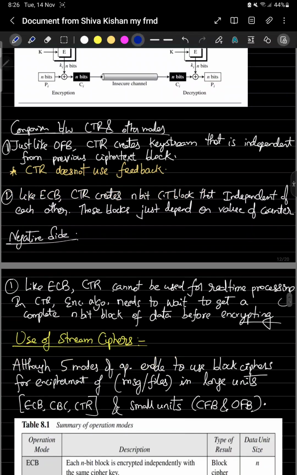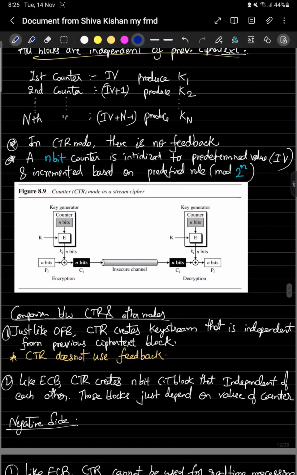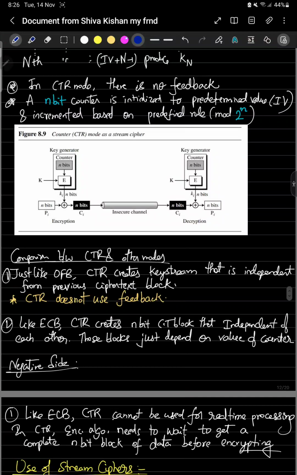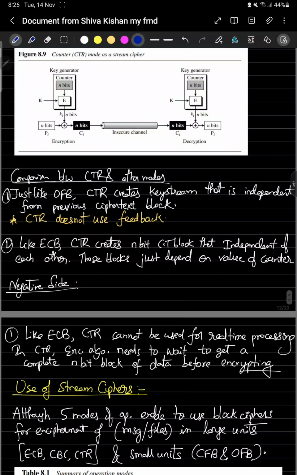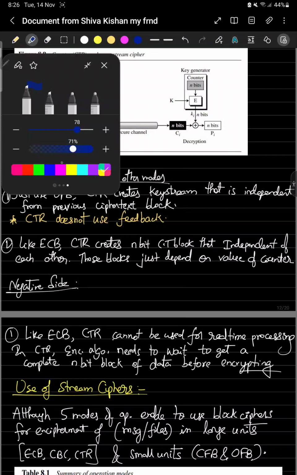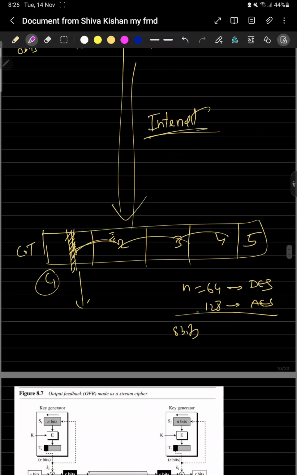That's it. So let's see about security. Compared to OFB, whatever security issues we have seen in OFB, the same applies to CTR. So let's compare CTR with other modes. Just like OFB, which we discussed in the previous one, output feedback mode, it generates the key stream. What do you mean by key stream?